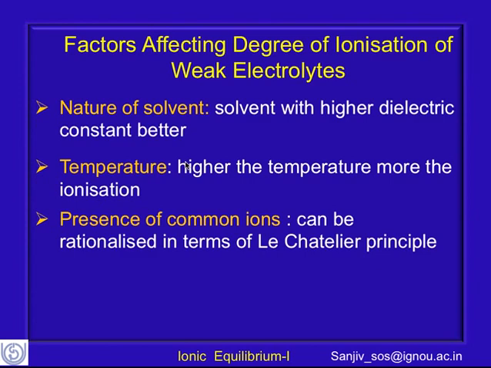If I add some sodium acetate, it provides a common ion, acetate ions. As a consequence, the equilibrium will shift in the backward direction. There will be lesser ionization. That means the extent of ionization of acetic acid has a certain value, but if you add sodium acetate to it, the extent of ionization will decrease. That is exactly what is done in making buffer solutions. We'll talk more about it as we move ahead.